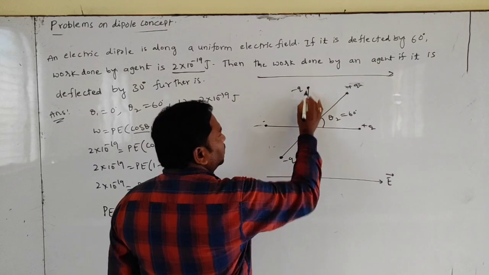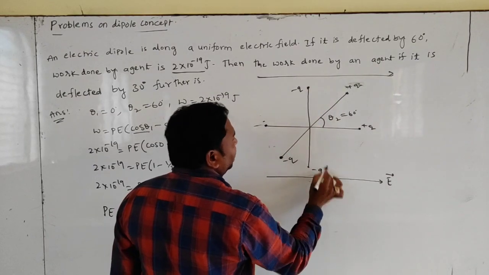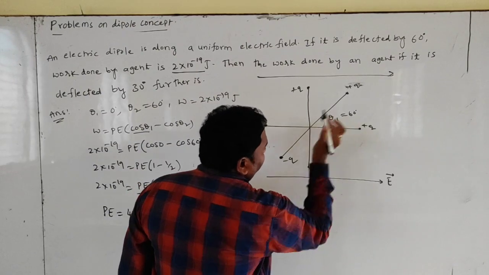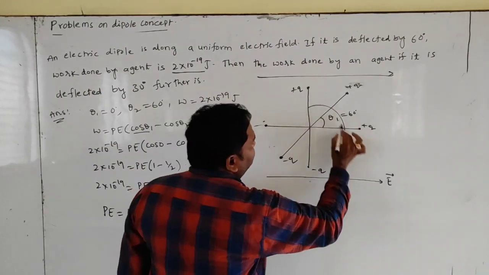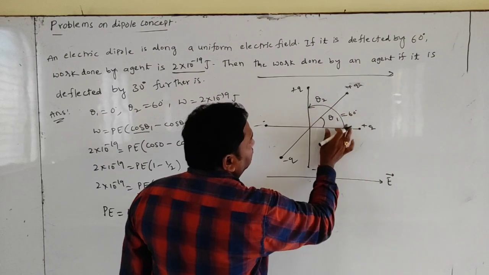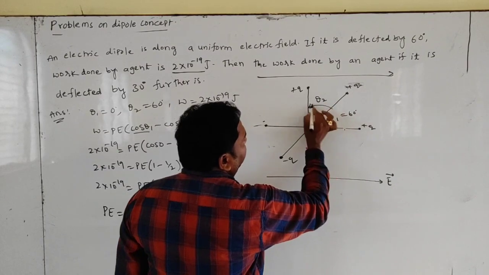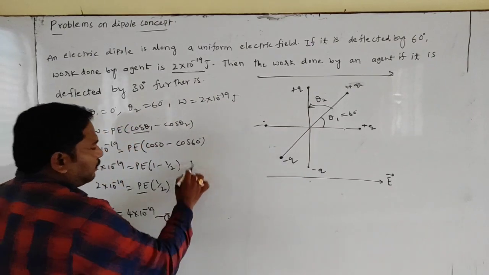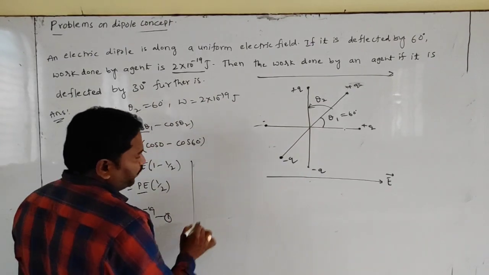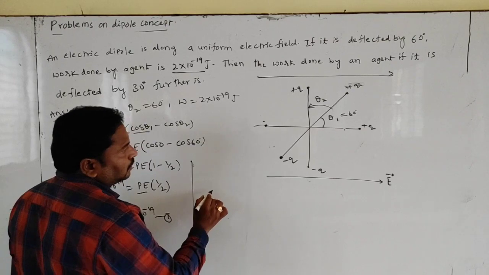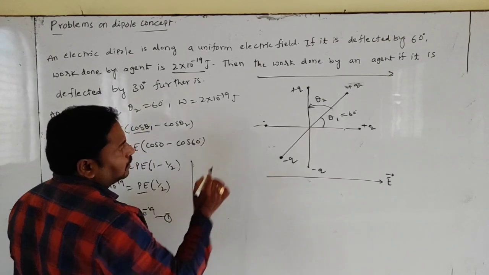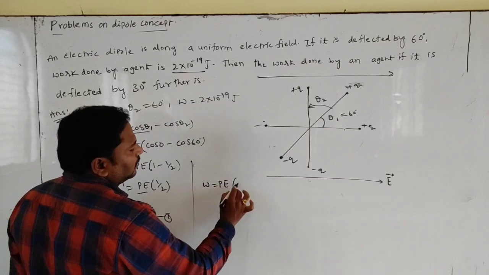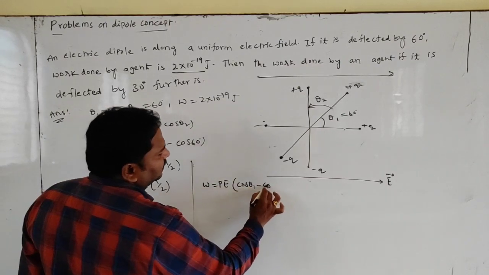So the position of the dipole is in this. This is theta 1 and this becomes theta 2. So W equals PE into cos theta 1 minus cos theta 2.